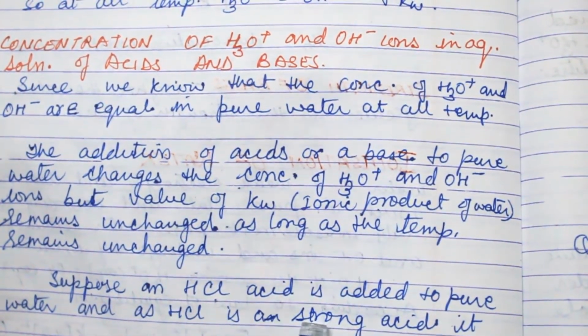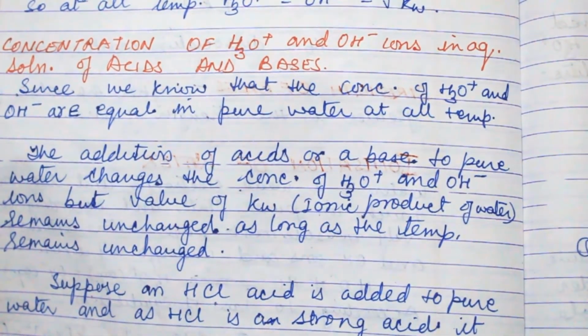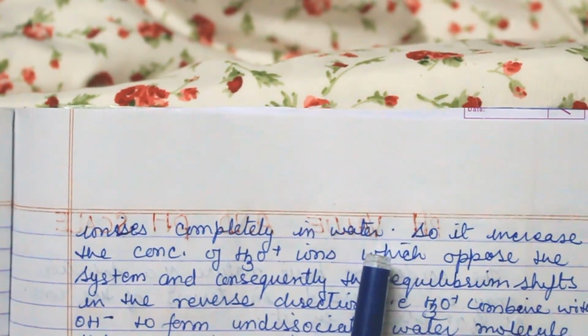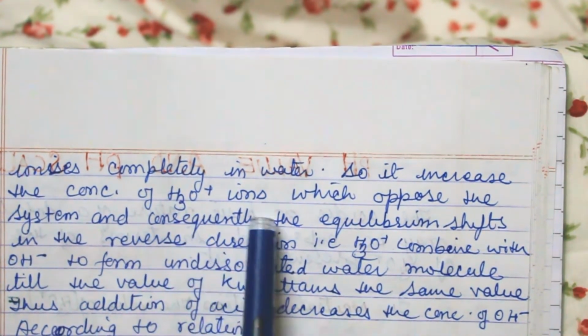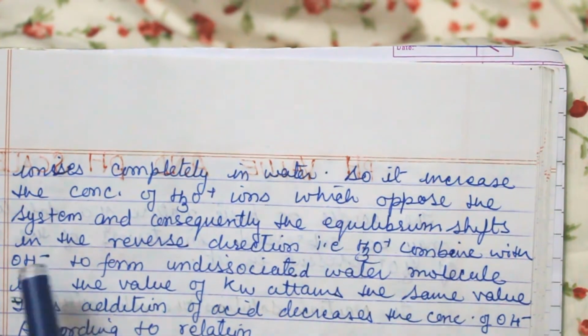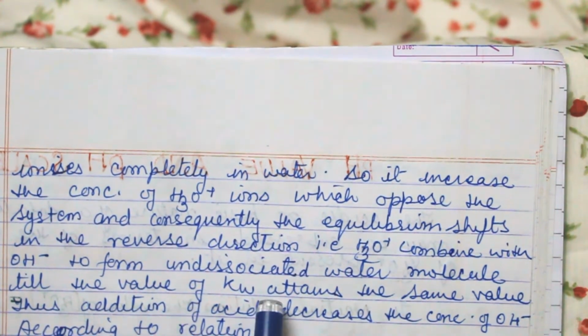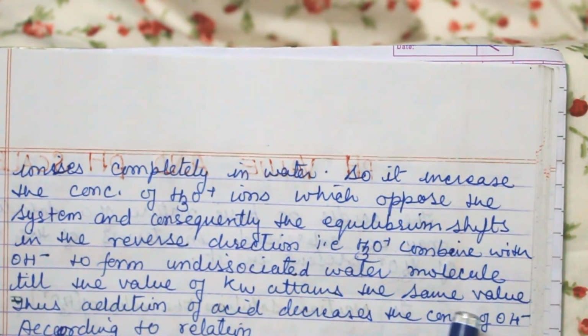Suppose HCl, an acid, is added to pure water. As HCl is a strong acid, it ionizes completely in water. So it increases the concentration of hydronium ion, which opposes the system, and consequently the equilibrium shifts in the reverse direction, that is, hydronium ion combines with OH to form undissociated water molecules till the value of Kw attains the same value.